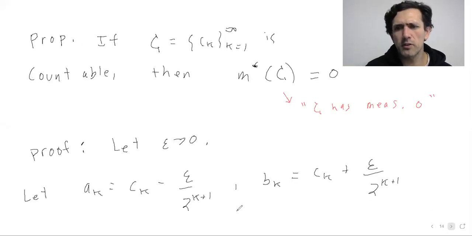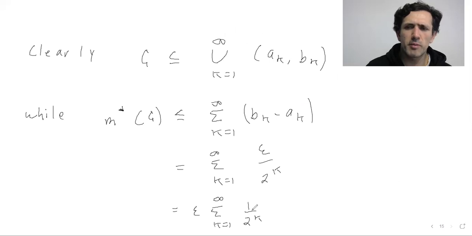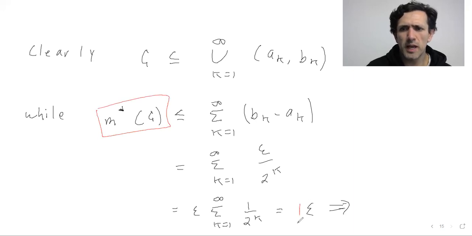We know this is an infinite geometric series. Plug into the formula, this is epsilon. So this is true for any epsilon whatsoever. M star, the outer measure of C, is less than or equal to epsilon for any epsilon whatsoever. So that implies that the outer measure is 0.